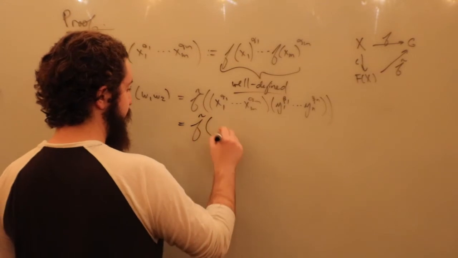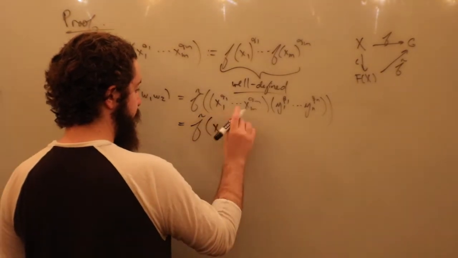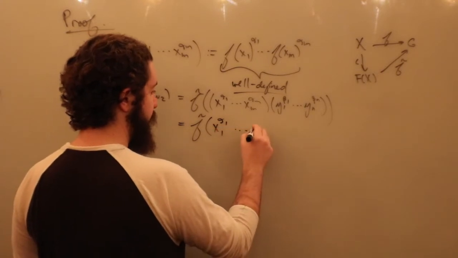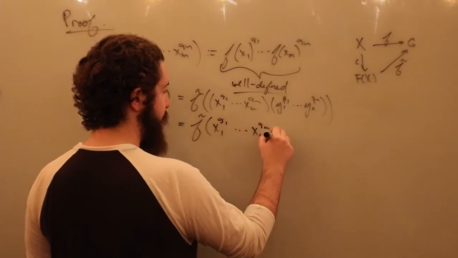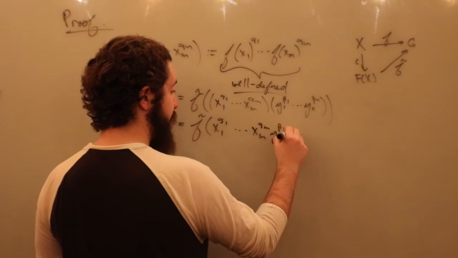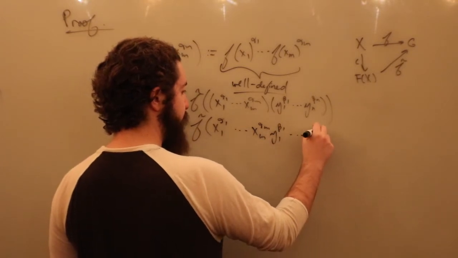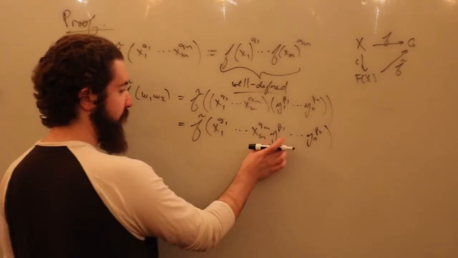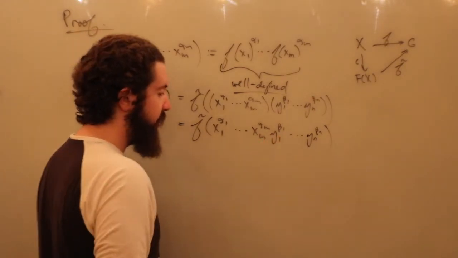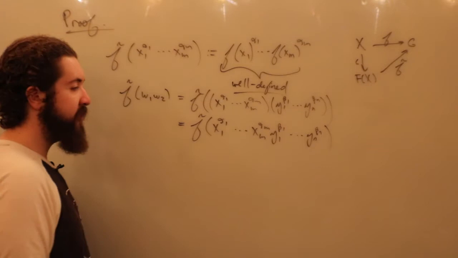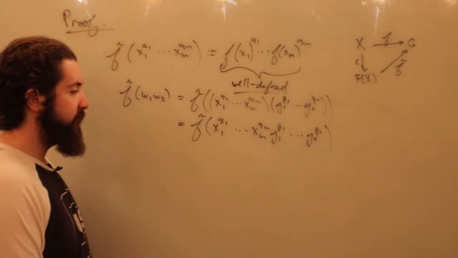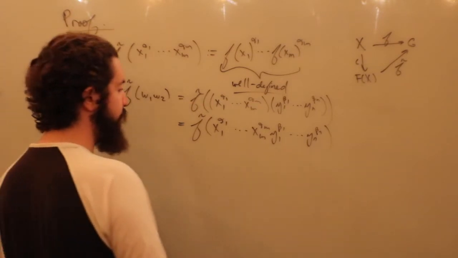So this is going to be equal to F tilde of x1 to the alpha 1 all the way up to xm to the alpha m, y1 to the beta 1, y sub n to the beta n. And if you want, you can reduce that. You can say, what if these two are inverses and whatnot. It's just that you're going to have to eventually restore them later, so there's no point really in reducing.